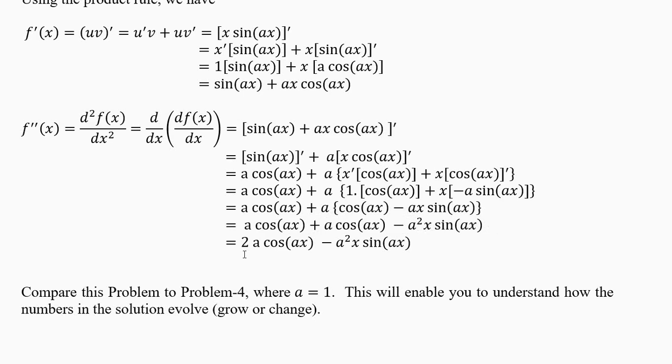Your final answer is 2a cos ax minus a square x sine ax. In the problem number 4, a was equal to 1 and your answer was 2 cos x minus 1 square is 1 minus x sine x. So you can compare this with problem number 4 in this handout.